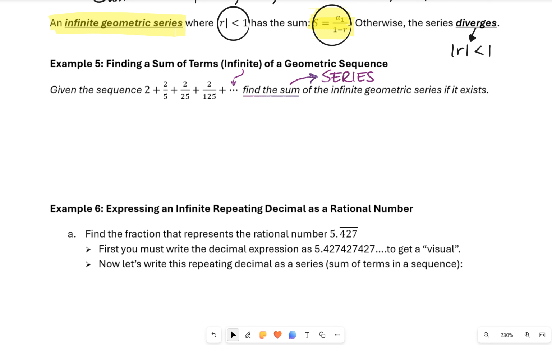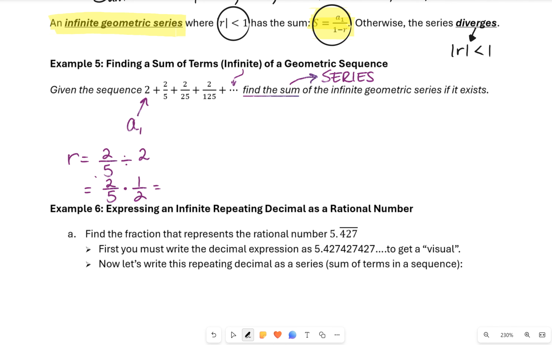According to my formula, S is equal to a sub 1 over 1 minus r. So I need a sub 1 and r. Well, a sub 1 I already have, so no extra work there. r I need to figure out. So r is the latter term divided by the prior term, which is the same thing as saying 2/5 times 1 over 2.